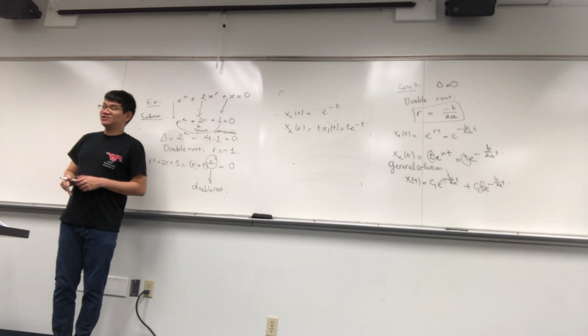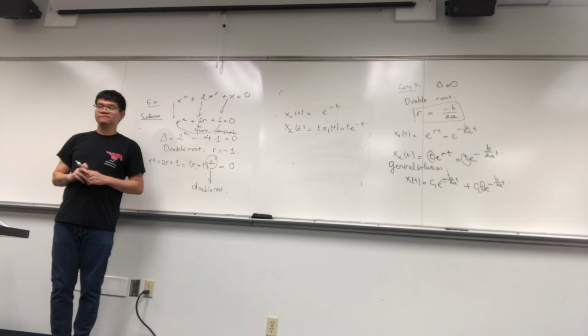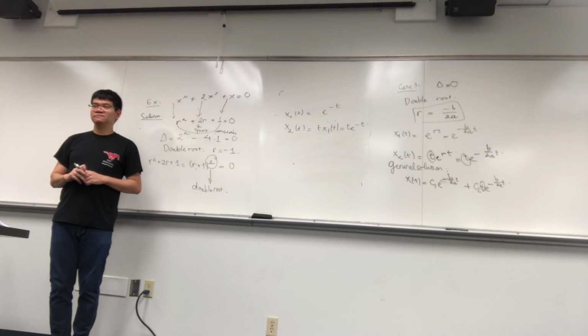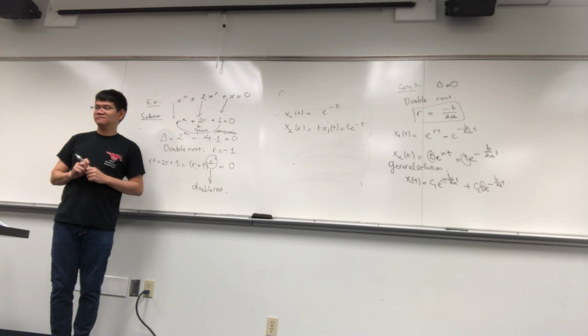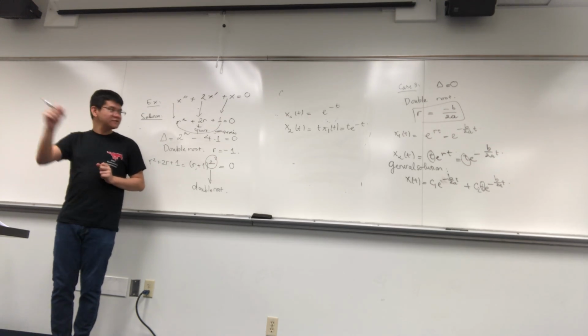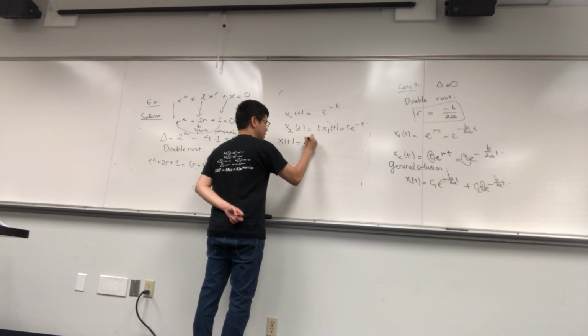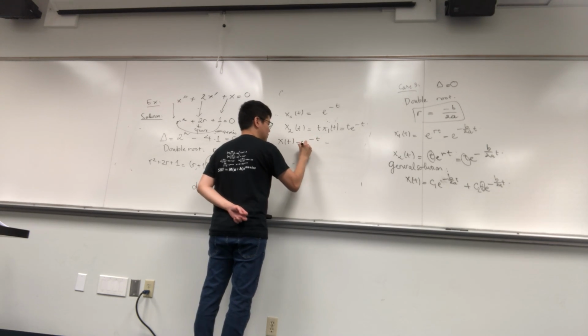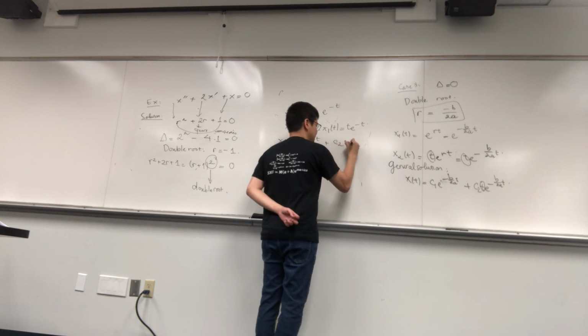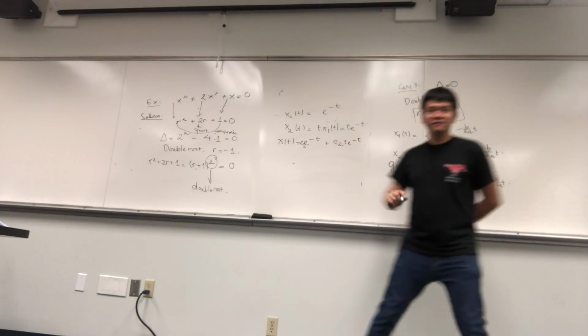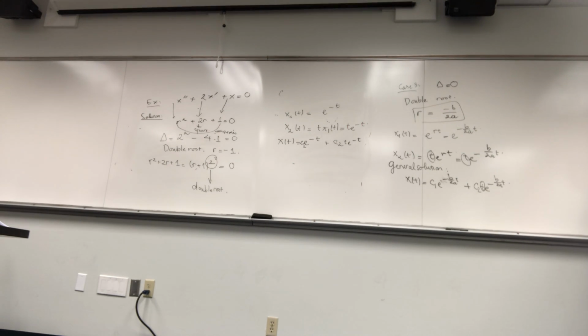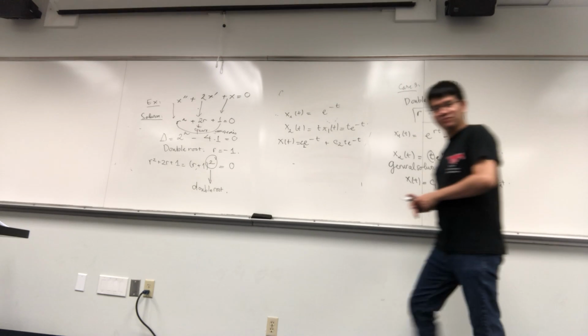So what is the general solution? x(t) is c1 e to the negative t plus c2 t e to the negative t. So x(t) will be e to the power minus t, c1 plus c2 t, right? So the last case is very simple.